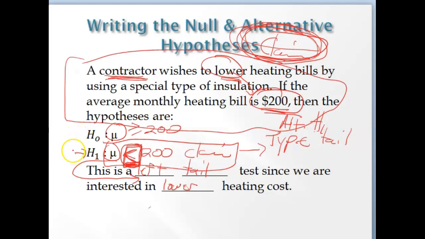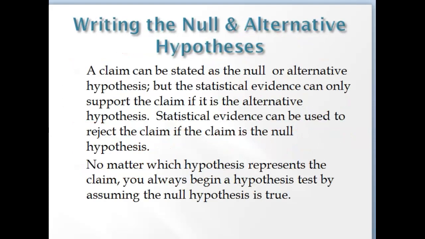And then to obtain the other, you simply take the complement of it. Again, a claim can be the null or alternate hypothesis. It's not always one or the other. So a claim can either be the null or alternate hypothesis.